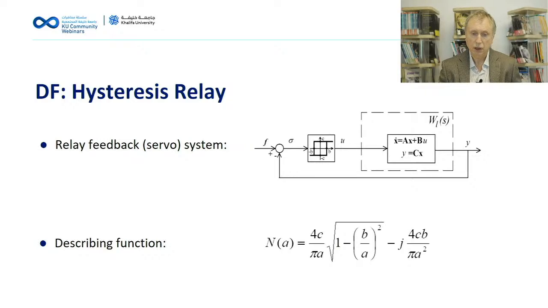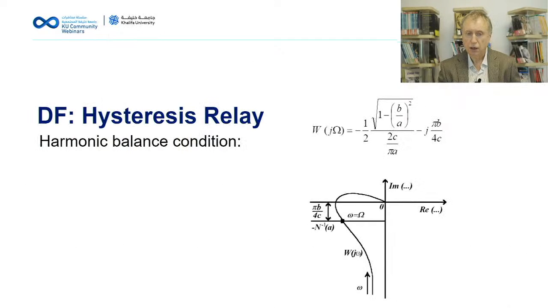So now we have an imaginary part also, a real part and imaginary part also. And if we find the negative reciprocal of the describing function for this hysteresis nonlinearity and write it as the harmonic balance equation, we will obtain the following formula.